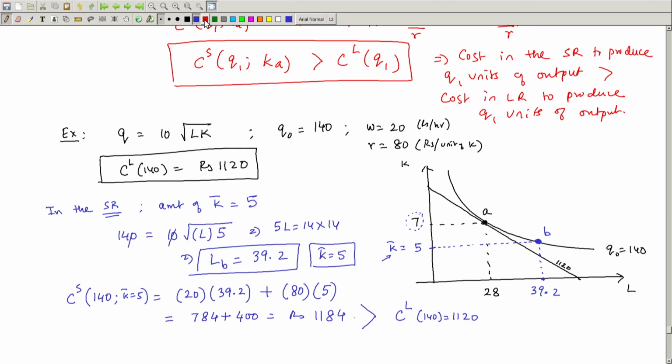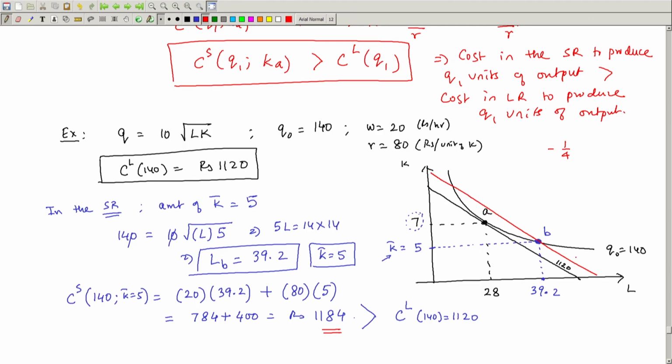Now, if I draw the iso-cost line passing through this point B, what would that be? Point B is associated with the rupee cost of 1184, and all the iso-cost lines have a slope of minus W by R, which is equal to minus 1/4 here. So I am going to get a line which is parallel to the black line.